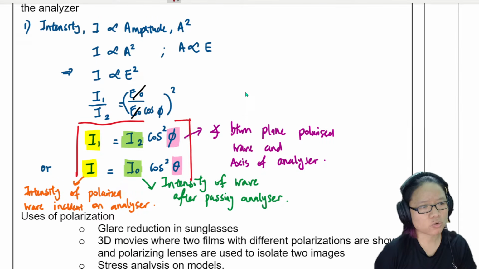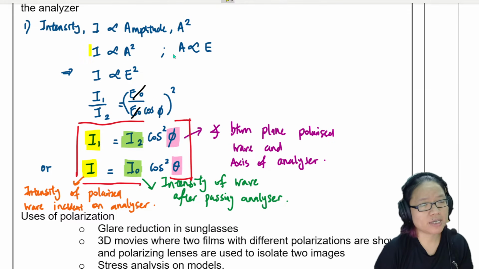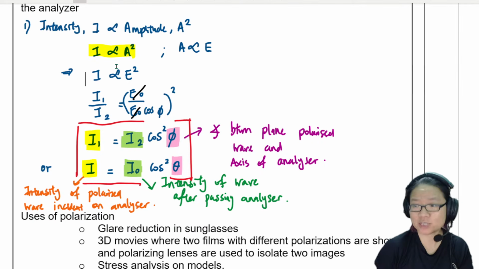So you need to remember the relationship, which has a cos square, right? The square here comes from the fact that I is proportional to A square. And because of this, I is proportional to E square. So that's why there's a cos square angle here.